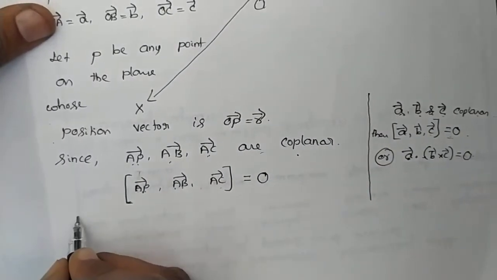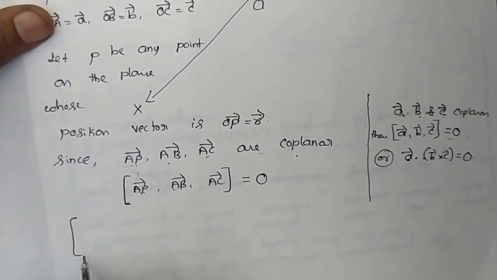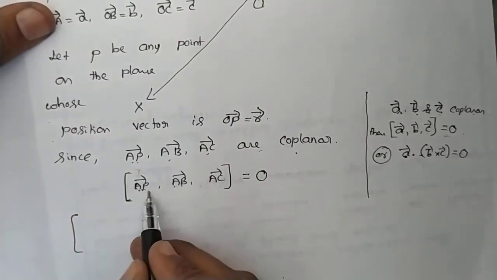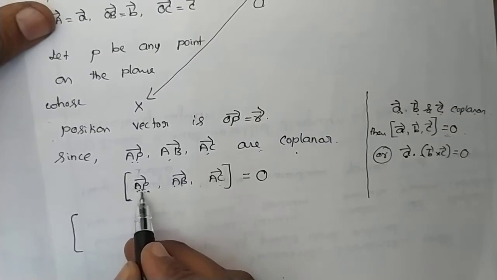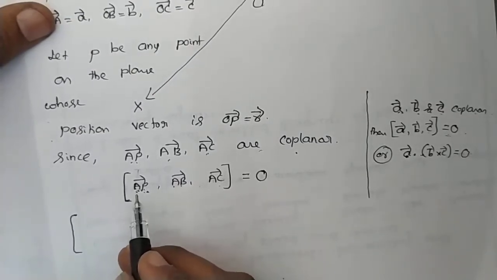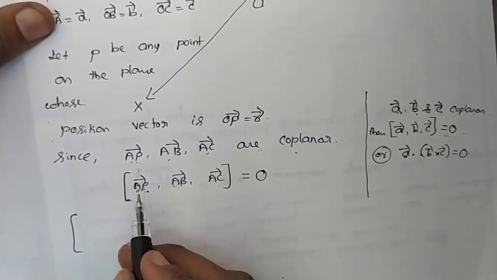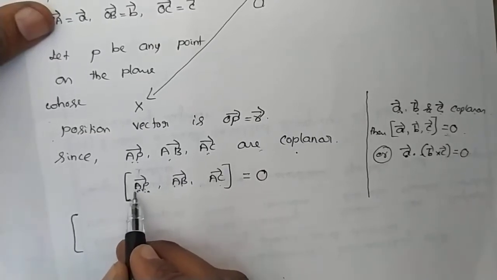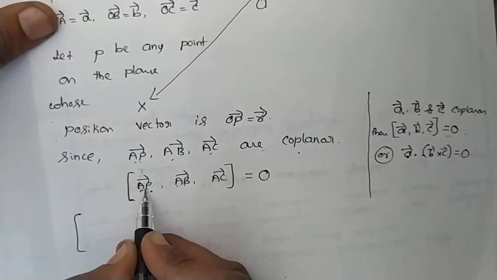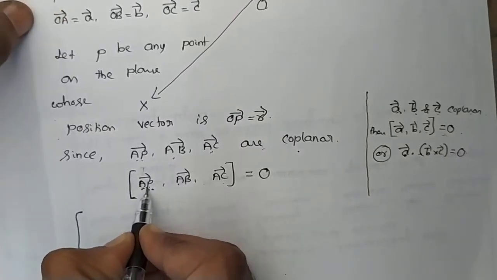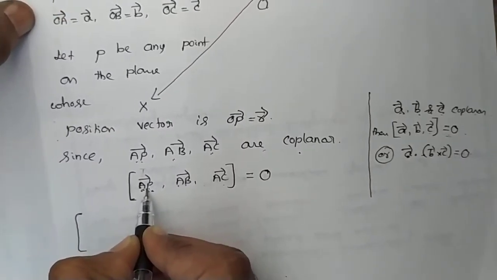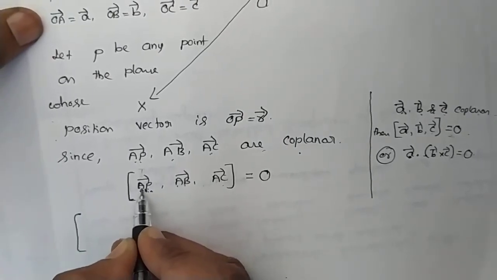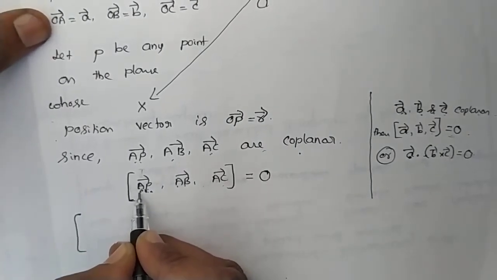Now once again you just recall the concept of vector algebra. Write down the AP vector in the form of position vector. AP vector can also be written as OP vector minus OA vector.